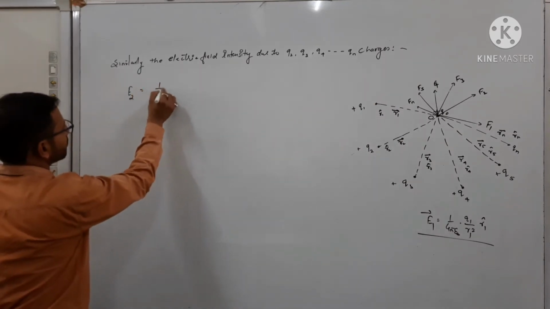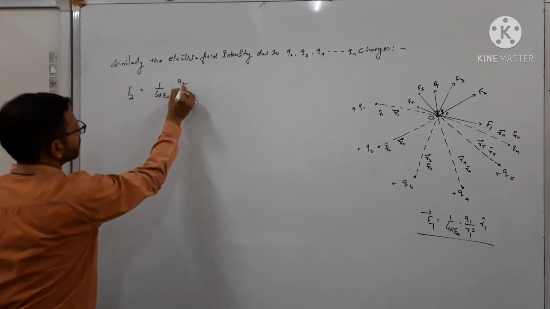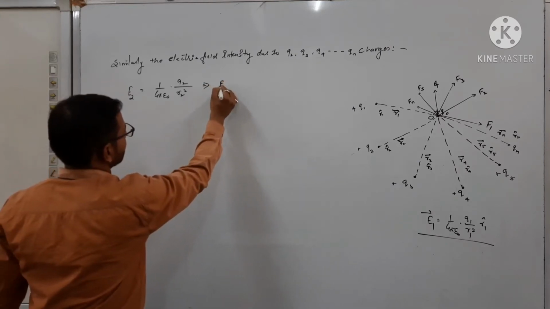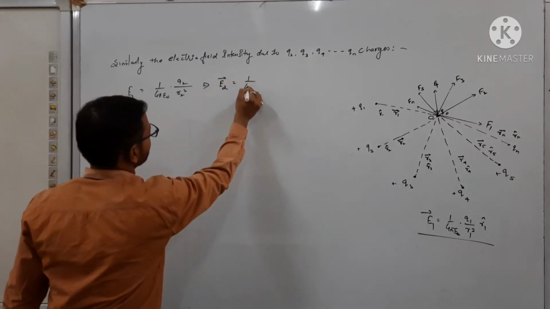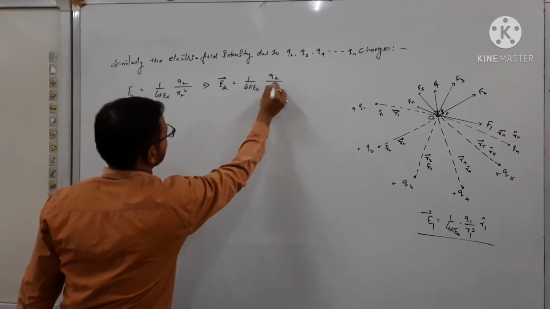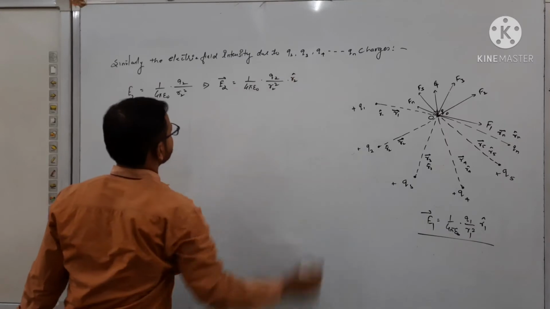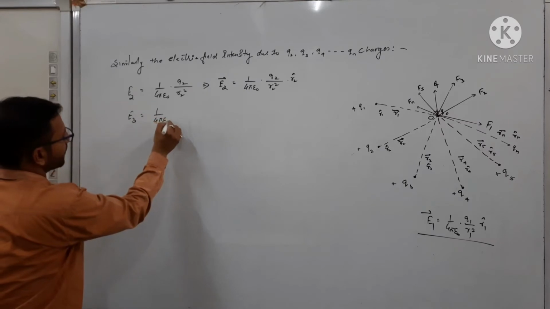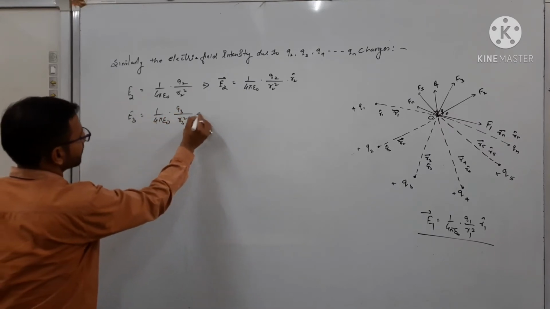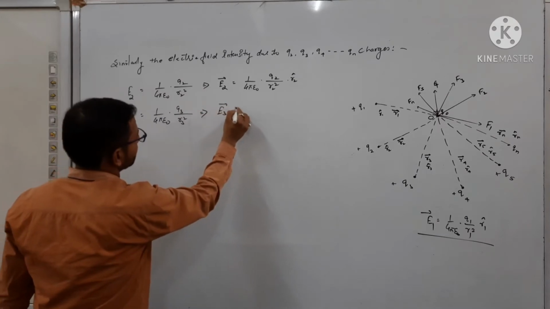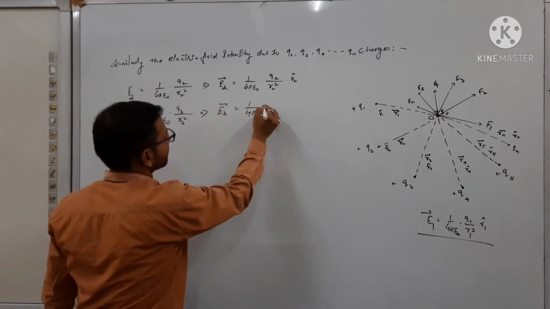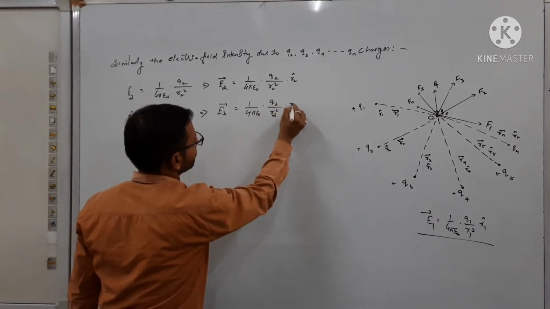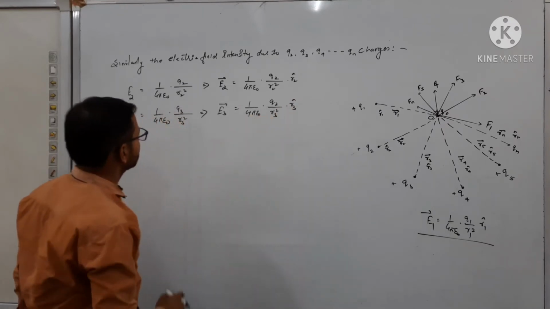Similarly, E2 will be 1 over 4 pi epsilon naught Q2 by R2 square. If we want to write this one in vector form, it will be 1 over 4 pi epsilon naught Q2 over R2 square into R2 cap. Similarly, E3 is equal to 1 over 4 pi epsilon naught Q3 by R3 square, and this is the vector form of E3, which is equal to the magnitude of electric field intensity with the unit vector R3 cap.